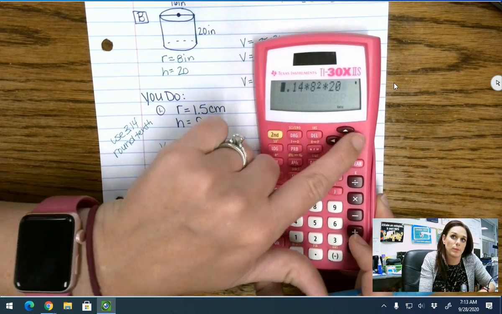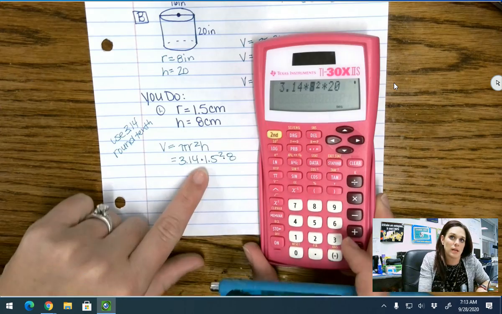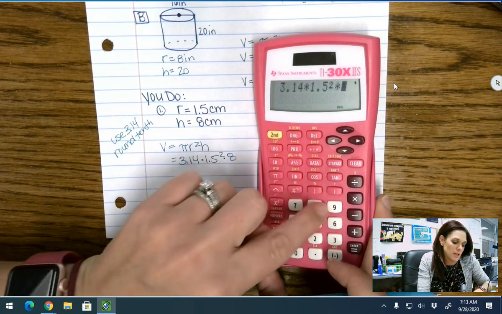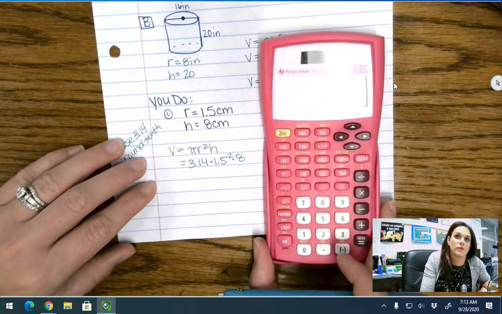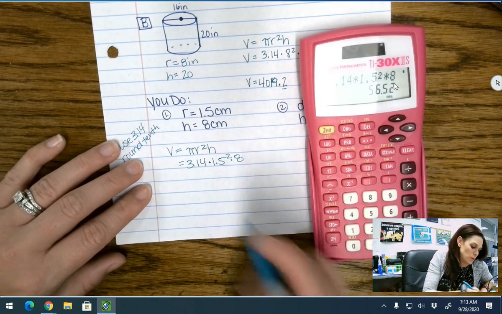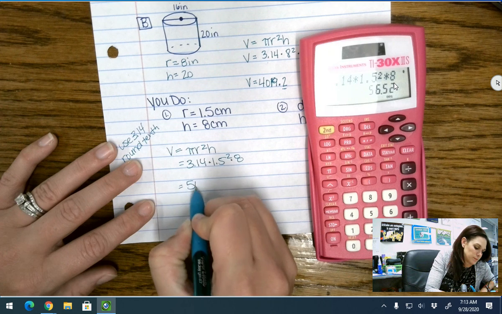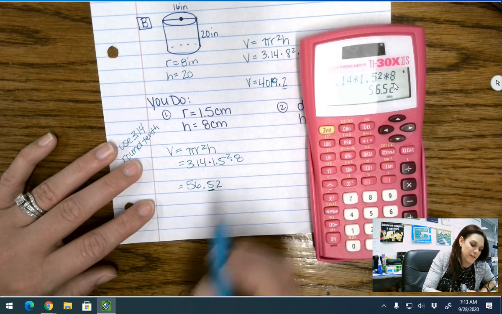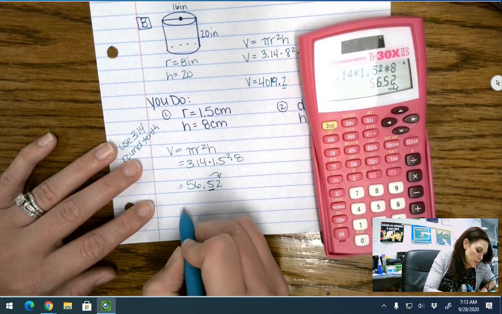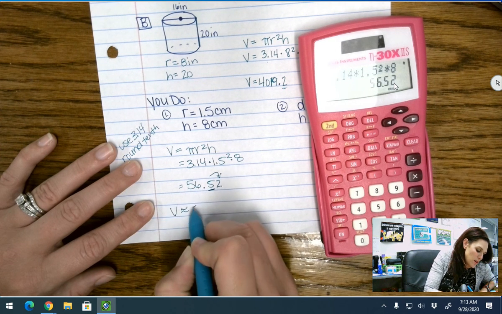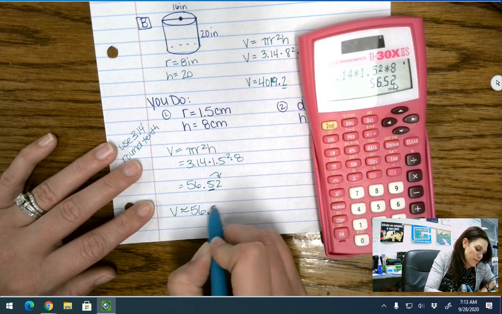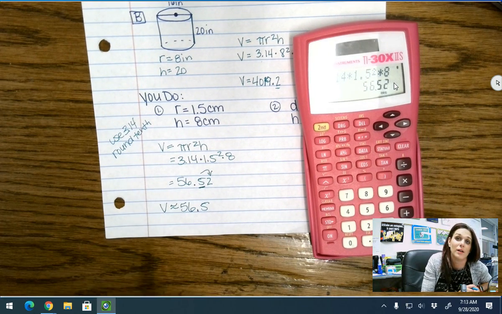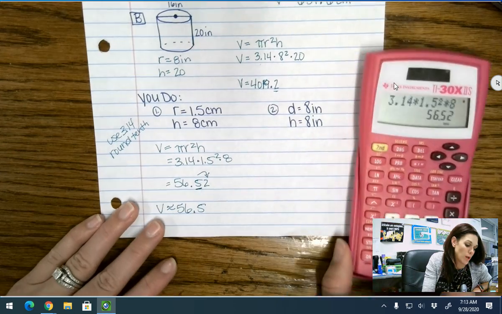All right, so 3.14 times 1.5 squared times 8 should have gotten us 56.52. Tenths place is where that 5 is. So we look, so we get approximately 56.5 because that 2 says stay where you are. 4 and below, stay where you are.